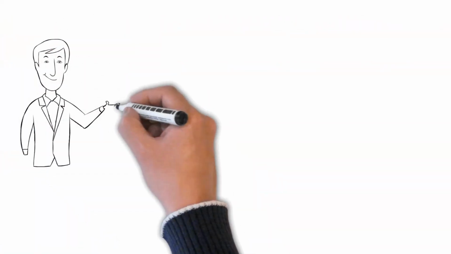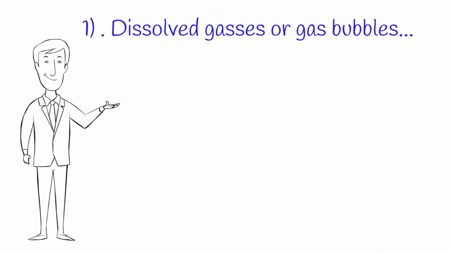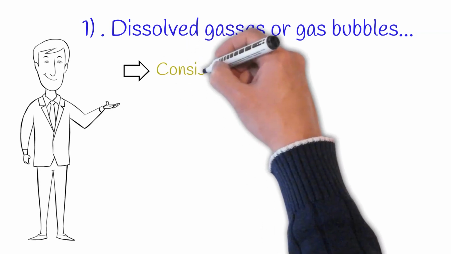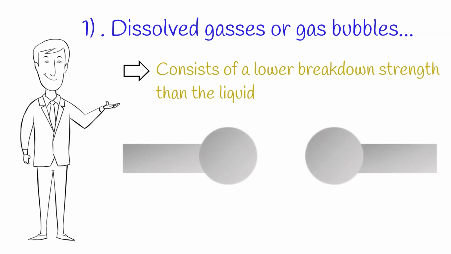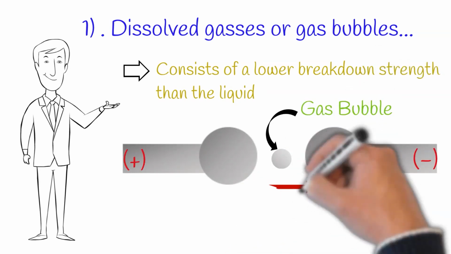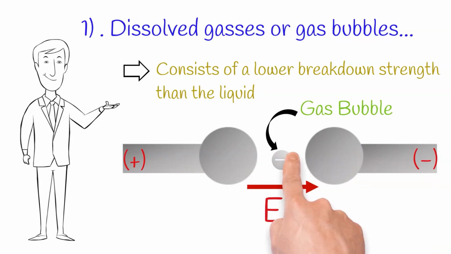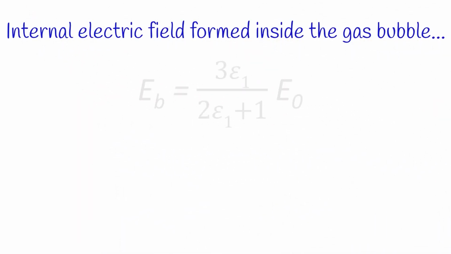Now let's talk about the first category, dissolved gases or gas bubbles, in brief. In general, this category of impurities has a lower breakdown strength than the liquid itself. So let's say a gas bubble appears in between the electrodes while we apply the potential difference to the electrodes. Then there will be an internal electric field formed inside the gas bubble, and it can be given by this formula.